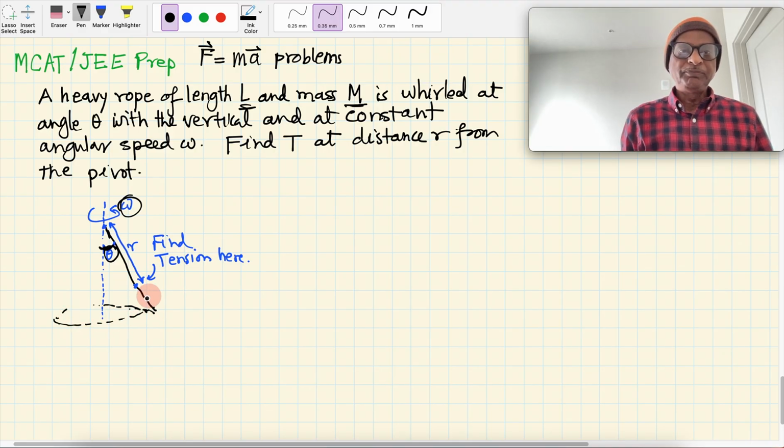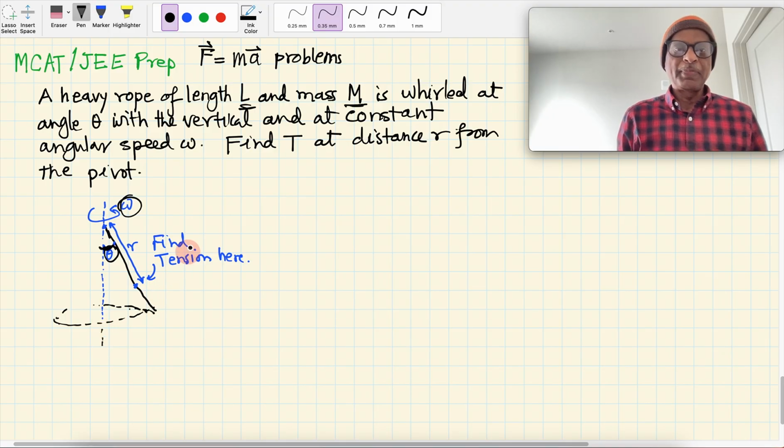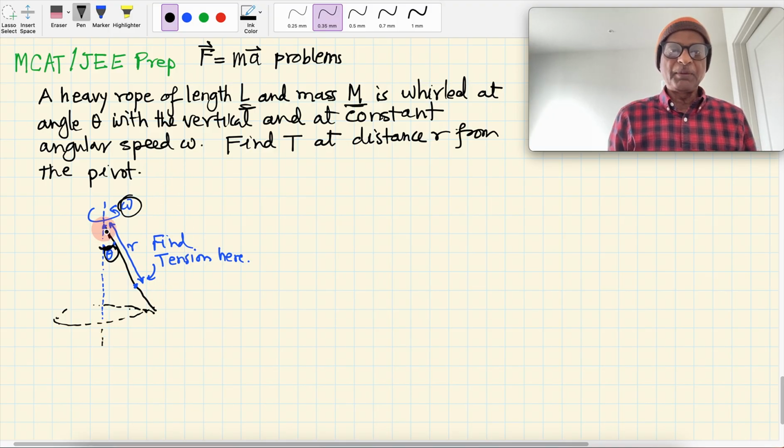And so it's going to have tension. But this tension will actually vary from place to place. Like, if I'm just outside the rope here, just immediately outside at that point over there, of course, the tension is zero. Just if I go L and a little bit more, the tension is zero. So I'm not saying the tension is zero in the rope, but I'm saying just outside.